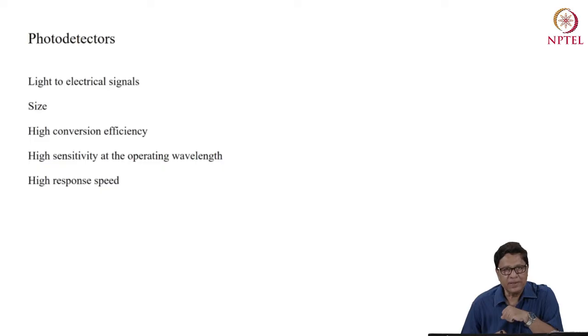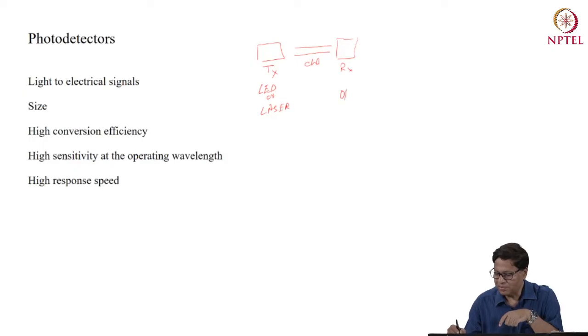High response speed, which means the photodetector should be able to respond at high bandwidth, because in a typical optical communication system, whether it is wired or wireless using optical fiber, you have a transmitter, you have a channel here and you have a receiver here. This transmitter is basically a combination of either LED or laser, and the receiver is converting the optical signal, whatever is coming through the channel, to an electrical signal.